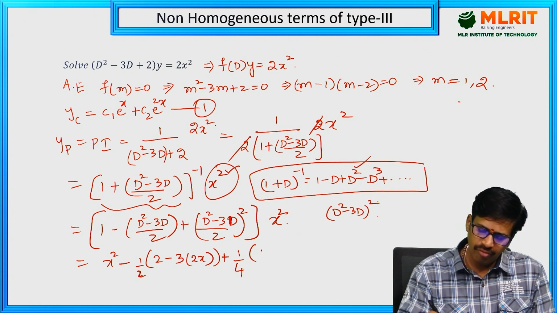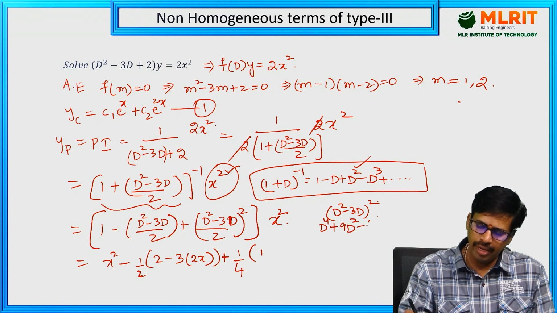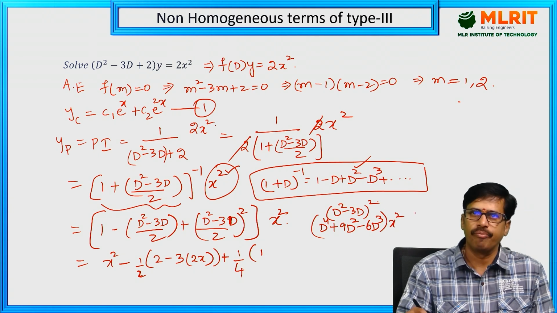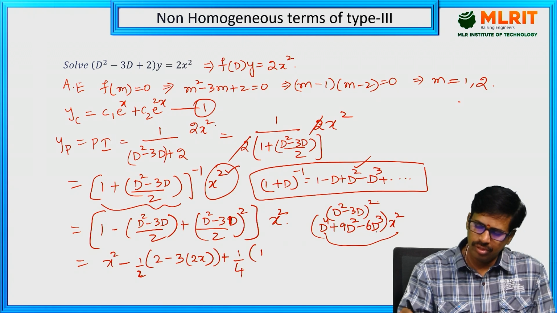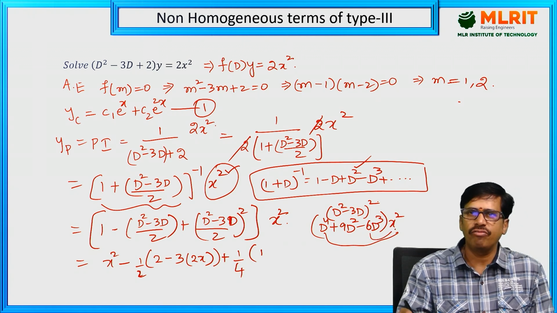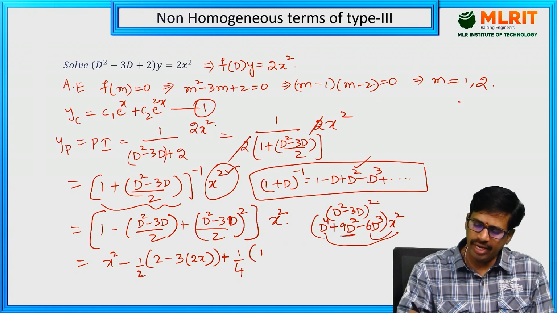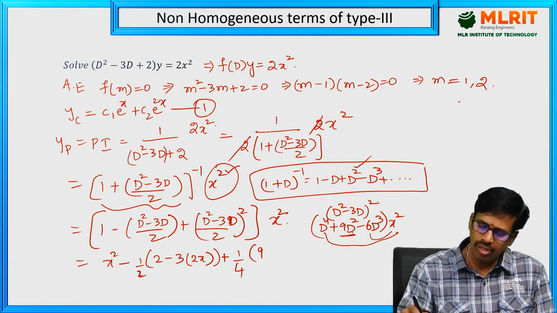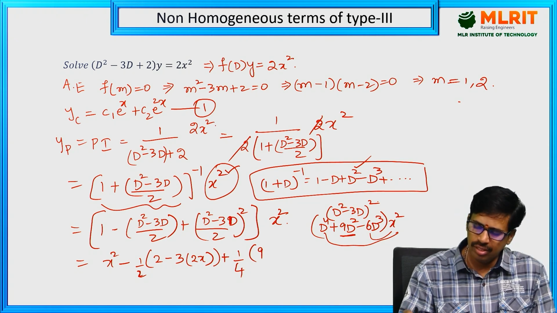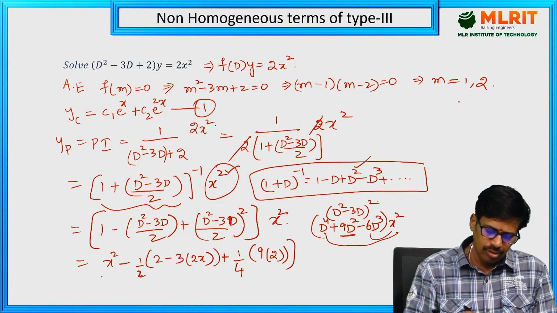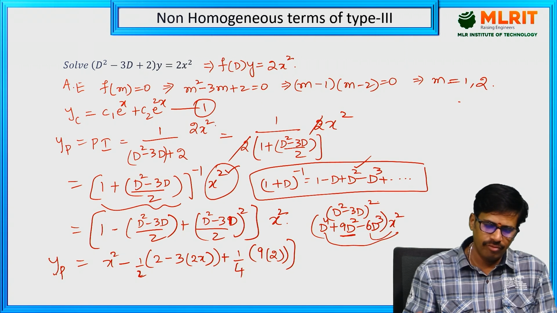That is D power 4 plus 9D squared minus 6D cubed of x squared. 4 times the derivative of x squared is 0. 6 times the derivative of x squared is 0. Only we get this term. So 9 into D squared of x squared means 9 times 2, that is 18. So this is the particular integral.